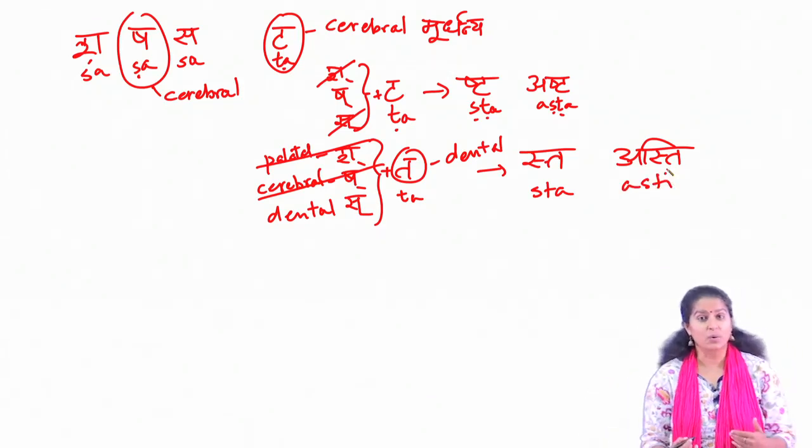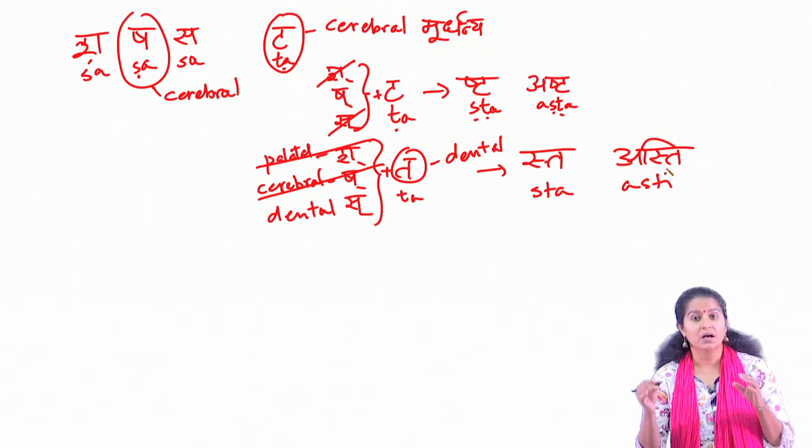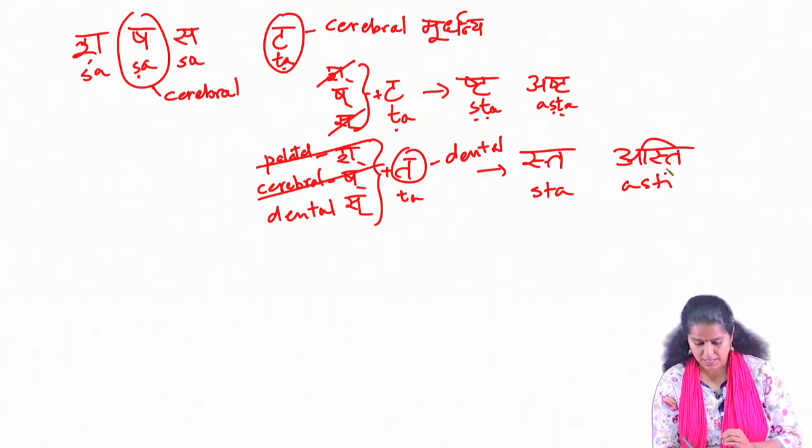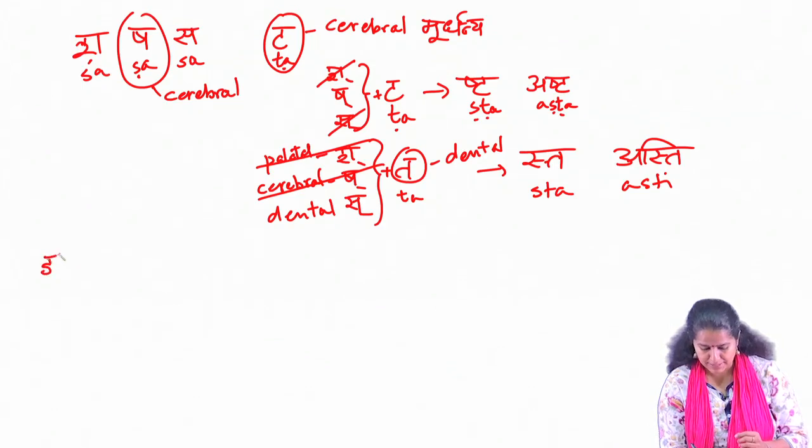Now, the other question that we have is for the nasal sounds. Which one combines with the following consonant? So, we have 5 groups of nasals.